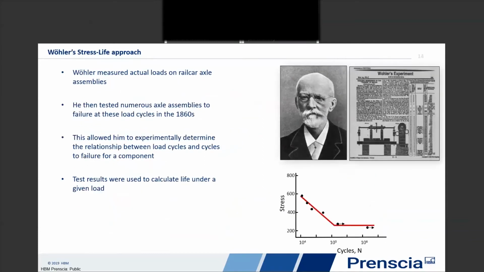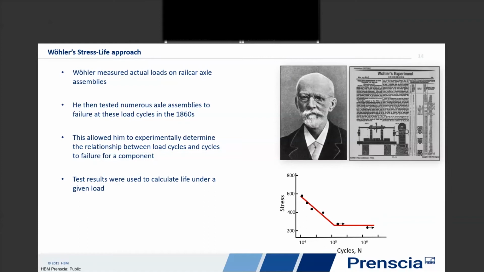Now, going back to that historical diagram, it showed that in the 1860s, a German engineer, Wöhler, did a fairly intensive study of his railroad axles. He actually measured the real loads in operation of these axles. So axles on the train were turned into load transducers to actually measure the loads that were going into the axles.